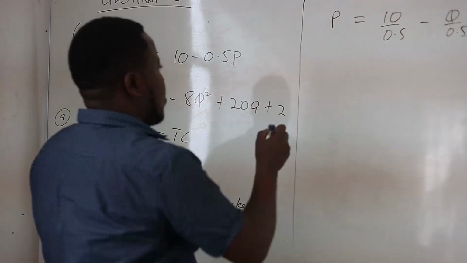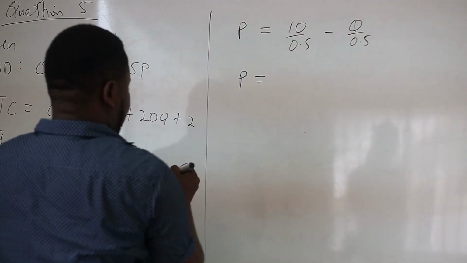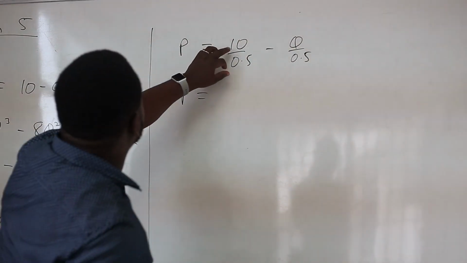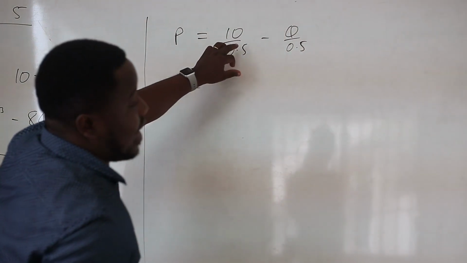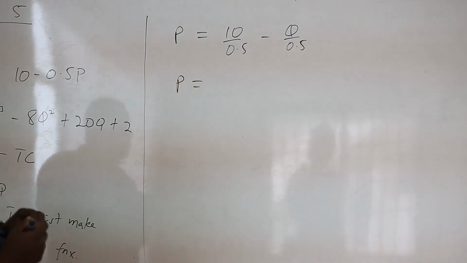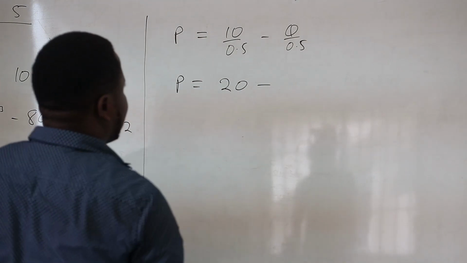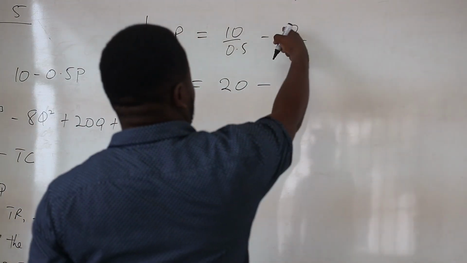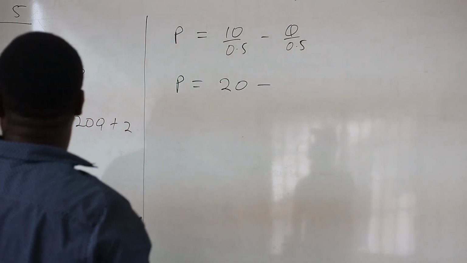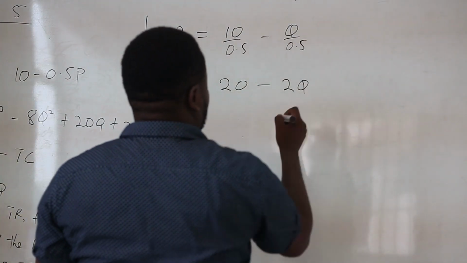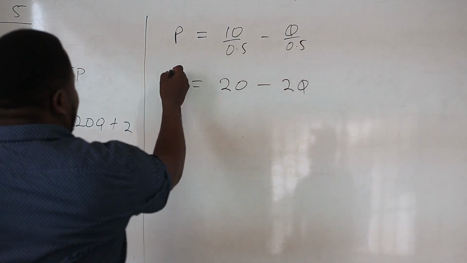So we have P is equal to, when you are using our calculators, this is 100 divided by 5. So that will give us 20. Okay? So this is 20 minus the coefficient of Q is 1, 1 divided by 5 will give us 2Q.